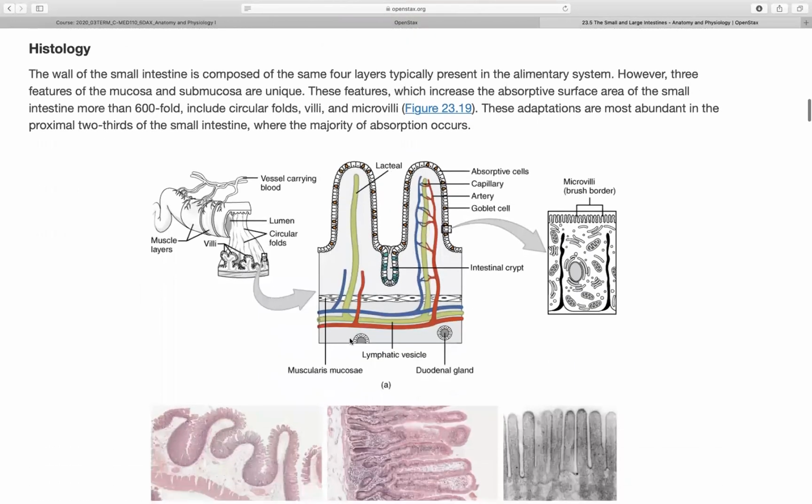And of course, just like the stomach, they have these crypts, and it makes sense that your large and small intestine have these like bumps, because if you do that, it increases the surface area. So the more surface area, the more things that you can absorb, and it makes sense that you have a lot of arteries and veins because you want to absorb those nutrients into your arteries and veins that are down here.